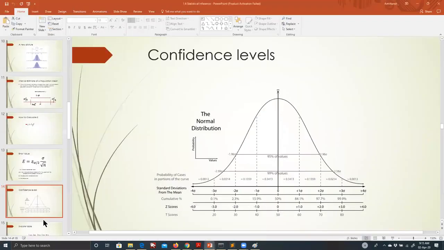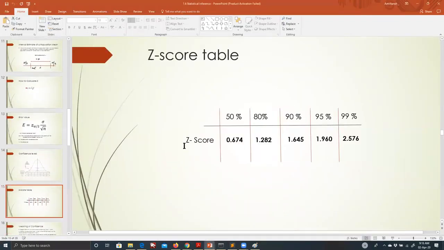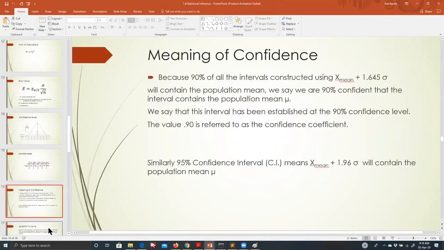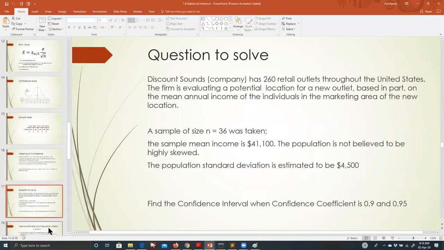Although there is a confidence interval already given, let's take a question, otherwise you won't understand what I'm talking about. So let's try to solve this question.